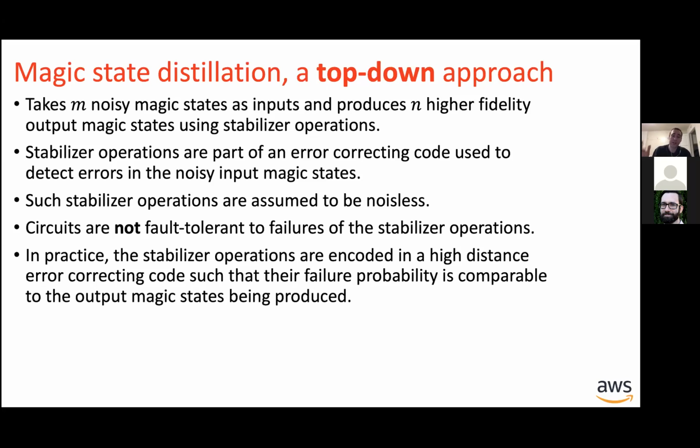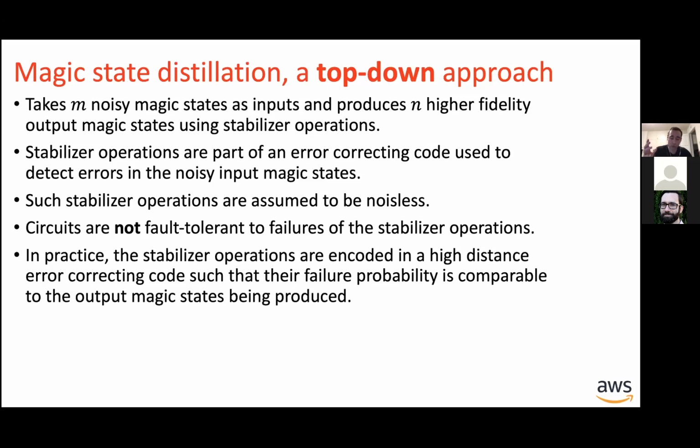So what is typically assumed is that these stabilizer operations are going to be encoded in a very large code, or at least where the distance is chosen such that the failure rate of all our stabilizer operations is comparable to the fidelity of the magic states that we want to prepare. And then this code doesn't have to be the same code that we're going to use to detect errors in these noisy input magic states. So those are two separate things.